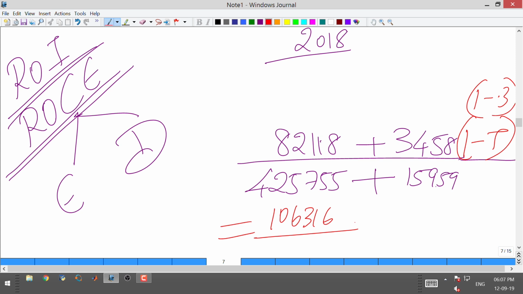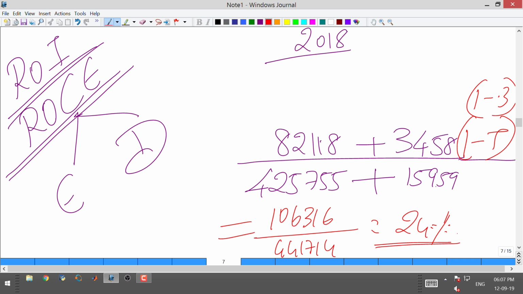My total capital in this particular case is 441,714. So 106,316 divided by 441,714 gives a return on investment of about 24%.